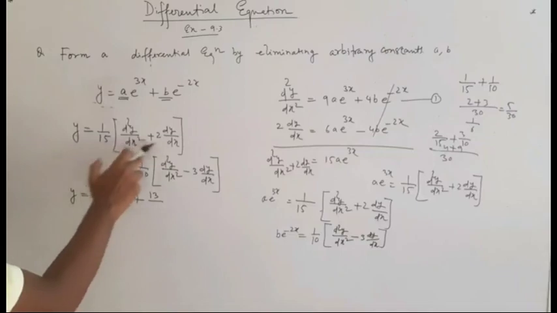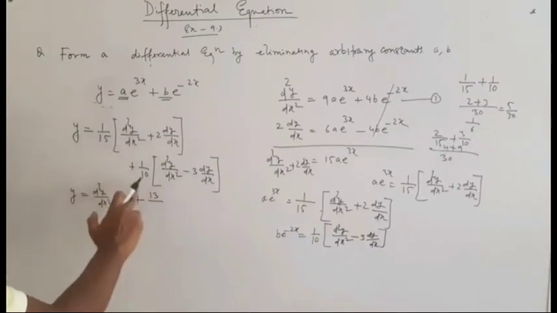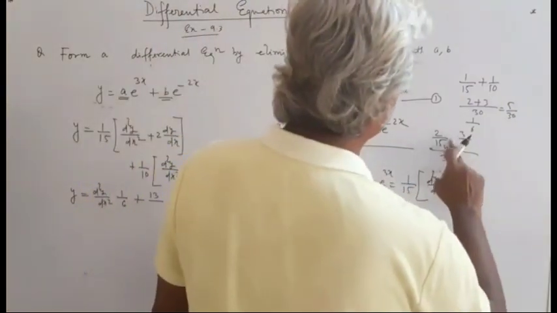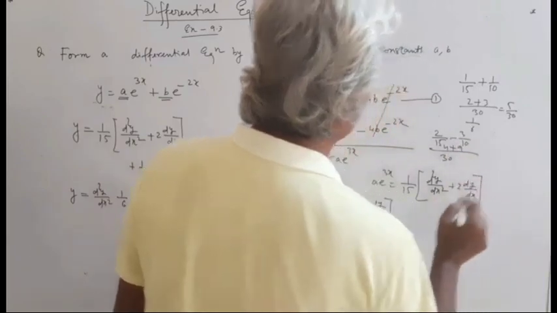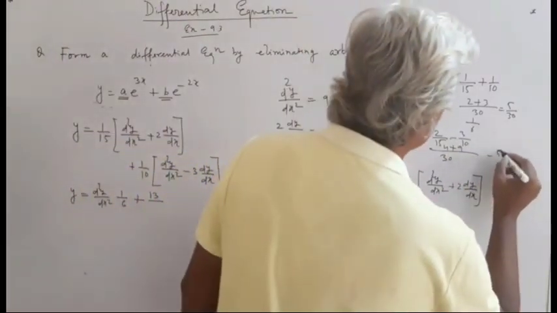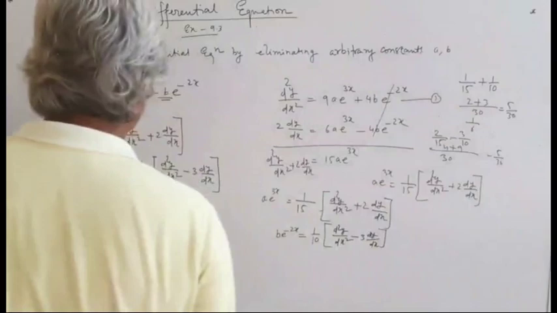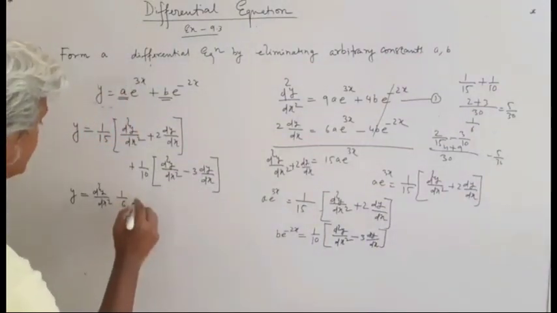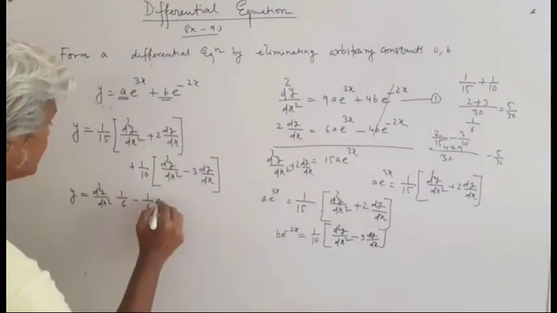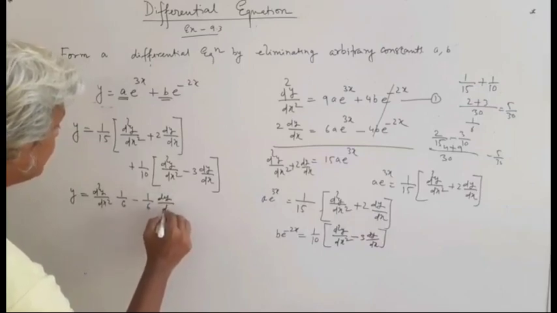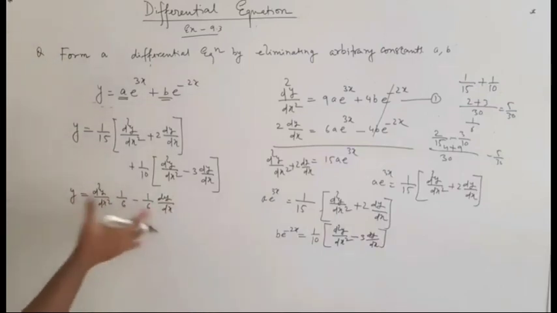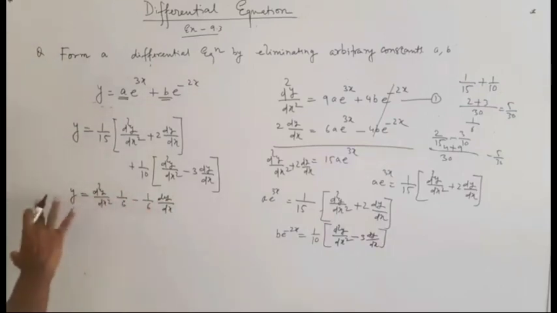So here 1 by 15, 2 by 15 minus 3 by 10. So 2 by 15 minus 3 by 10 is minus 5 by 30, that is minus 1 by 6. So this is minus 1 by 6 dy by dx. And then you cross multiply, or simplify just by multiplying it by 6.